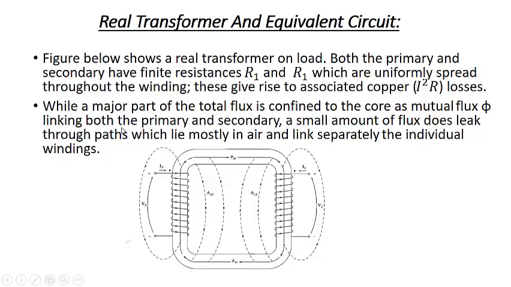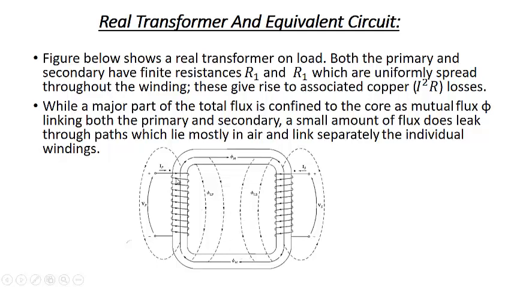One more thing: while the major part of the flux is confined to the core as a mutual flux, that is phi, linking both primary and secondary, there will be a small amount of leakage flux on the primary side as well as on the secondary side, whose path will be mostly through the air.